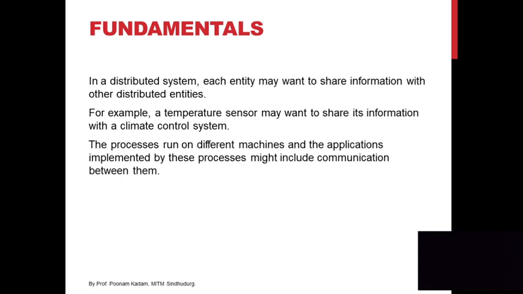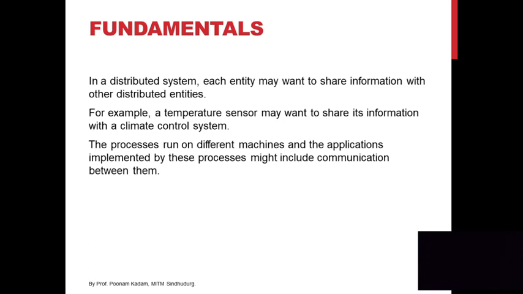So, in a distributed system, as we know, many computers are connected together and they share information as they need to execute the program, or they need to carry out or execute the tasks. They need to share the information as these computers have their own CPUs and own local memory.